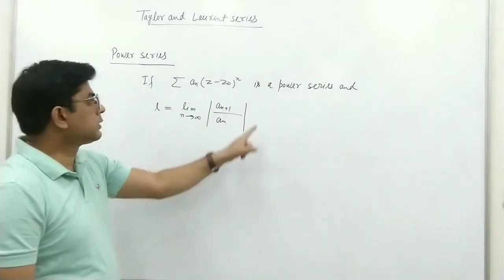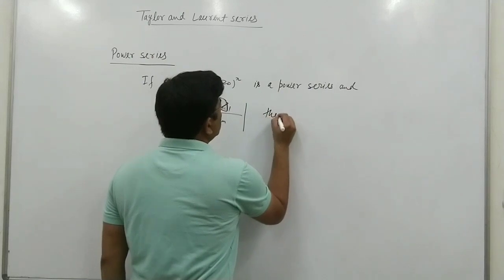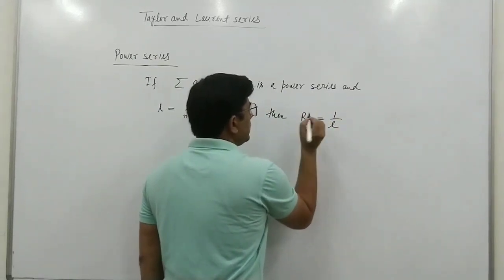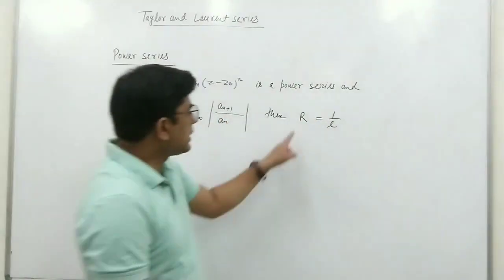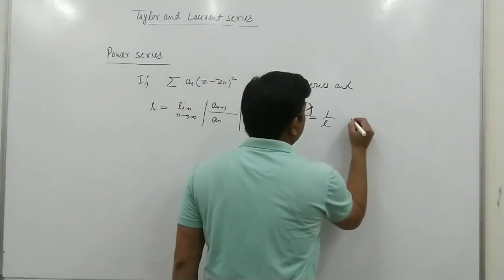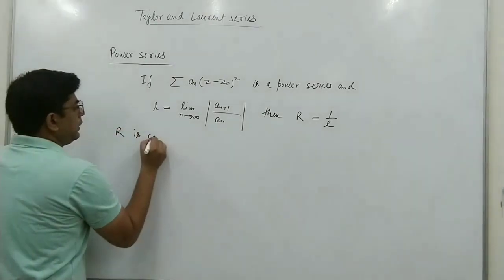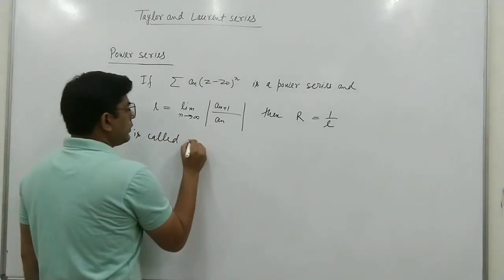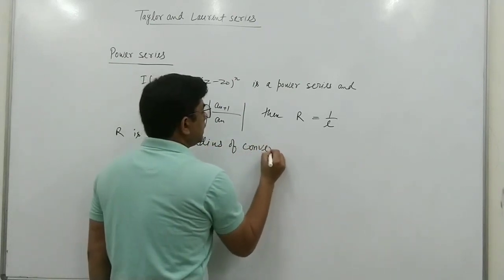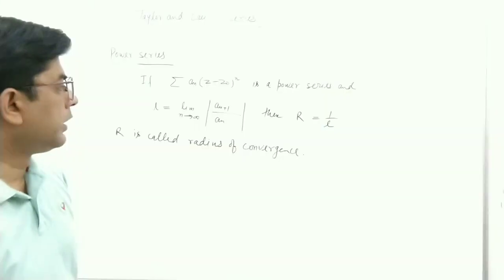If we suppose this value is equal to L, then the reciprocal of this L, we represent by capital R. So this R is called the radius of convergence.